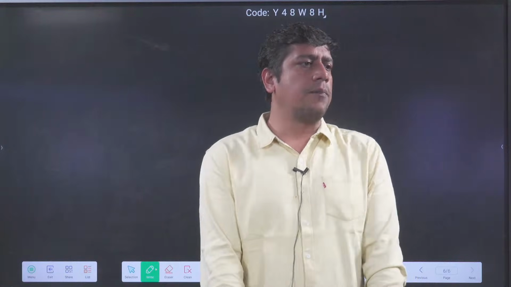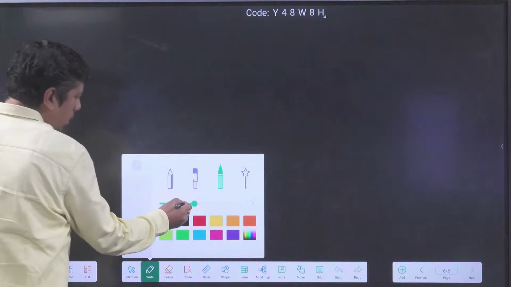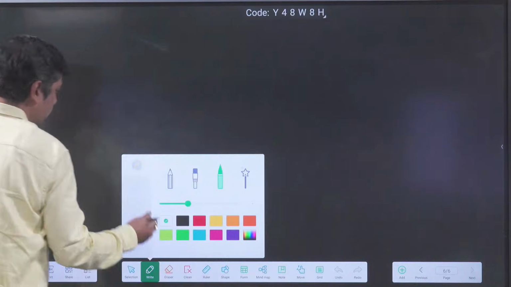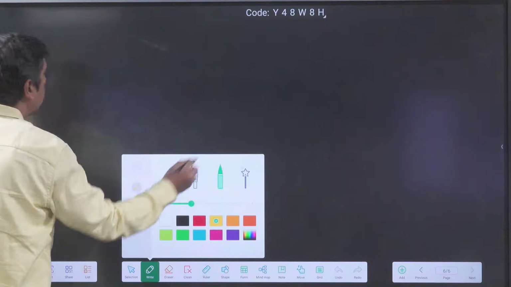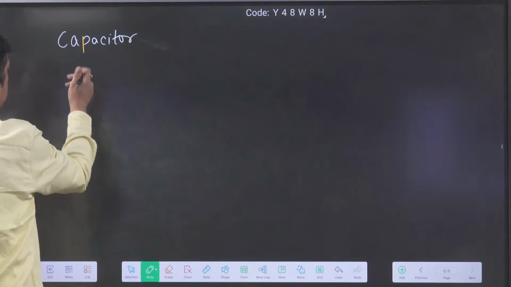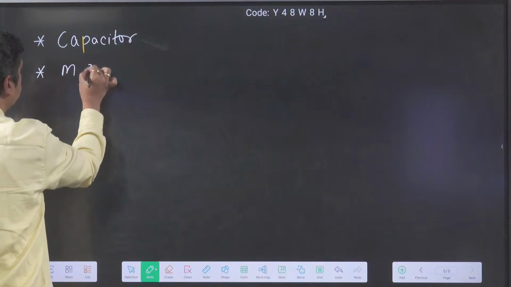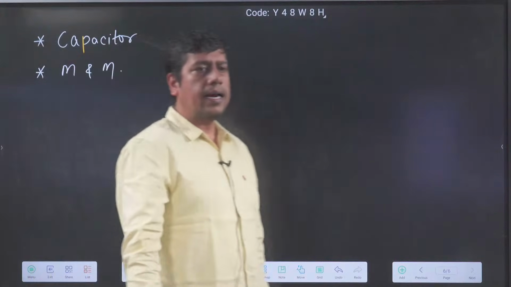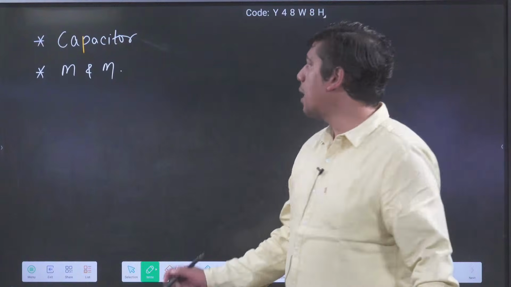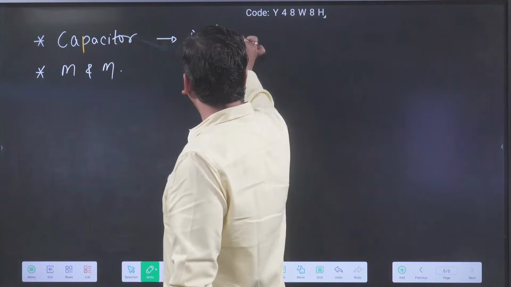Okay, so last class was completely numerical. This class will be completely theoretical, because the chapters which we are going to discuss are capacitor and magnetism and matter. In capacitor, since we have only one lecture, we will discuss the topic dielectric.